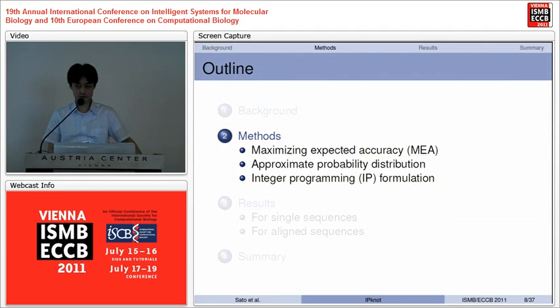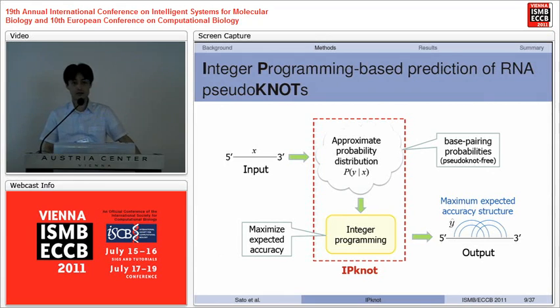Okay, next I'll describe our method. What you see here is the overview of our method called IPknot, which is short for integer program-based prediction of RNA pseudoknots. First, for an input sequence, an approximate posterior probability distribution over RNA secondary structures with pseudoknots is calculated by a pseudoknot-free algorithm.